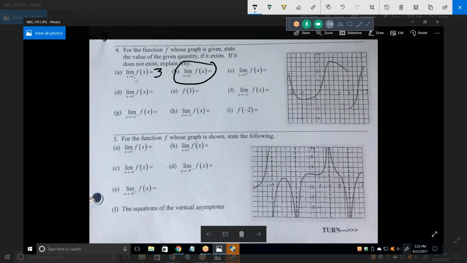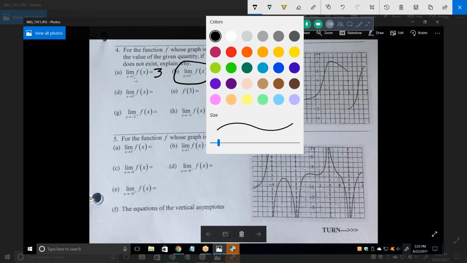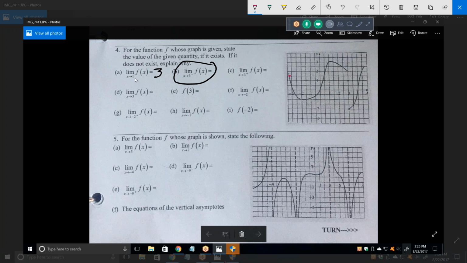F of x is the vertical axis. Here's what it means. It means I hop on board the function and I travel towards what number on the x-axis? Negative 3. Only I'm going at it from the left. You see the difference between traveling at it from the left and traveling at it from the right?